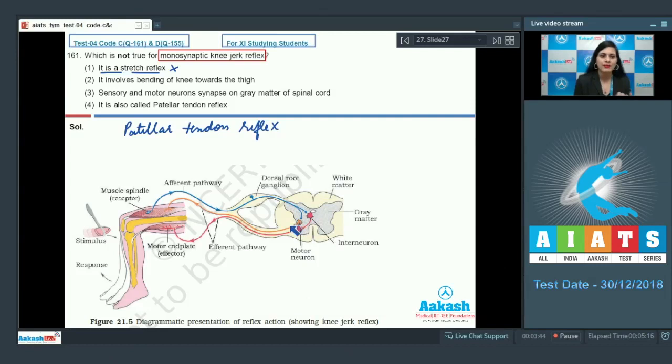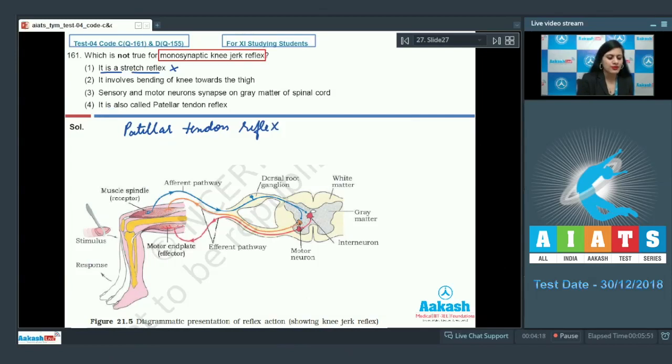As it is a monosynaptic knee-jerk reflex, it lacks interneuron. There will be no interneuron in this monosynaptic knee-jerk reflex. So within spinal cord, this sensory neuron as well as motor neuron form a synapse, and through this efferent pathway, the nerve impulse will reach the motor end plate or effector, and this effector will show a response. What response? The lower leg will move upward and away from the thigh.